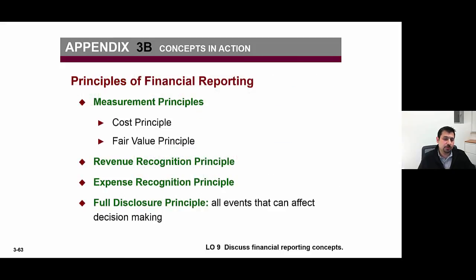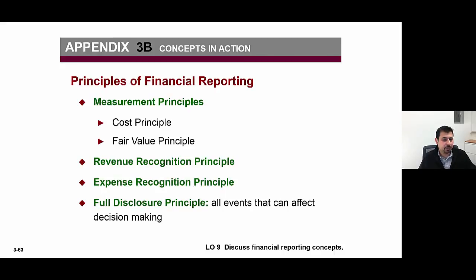And here we also talked about the measurement principles in previous chapters. We talked about the cost principle, that companies are required to initially record the assets at cost. This is the cost of acquiring a certain asset, and then in subsequent accounting periods they continue to report it under cost, for example for equipment, buildings, etc. Whereas the fair value principle states that companies originally record the asset at cost, but they make changes later on based on the fair value of the asset.